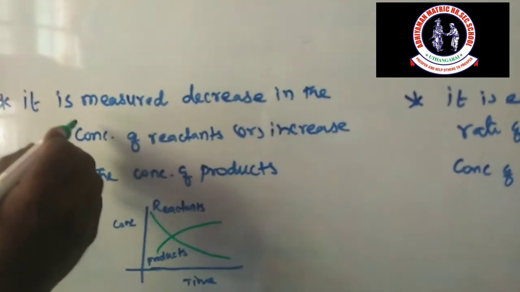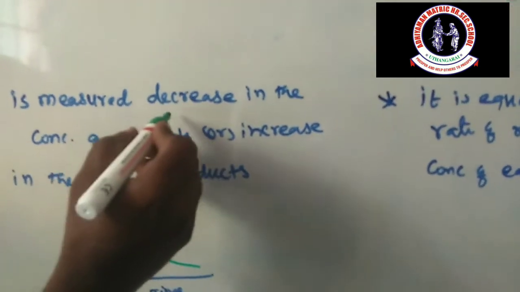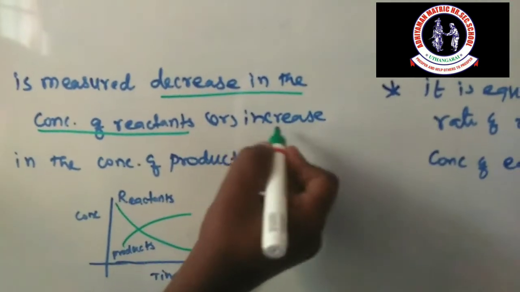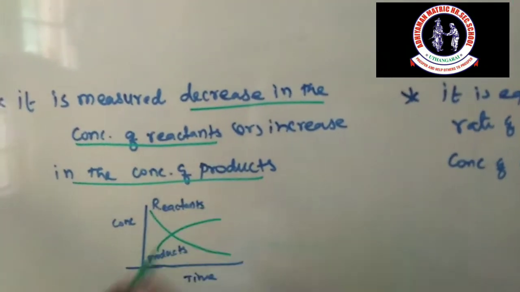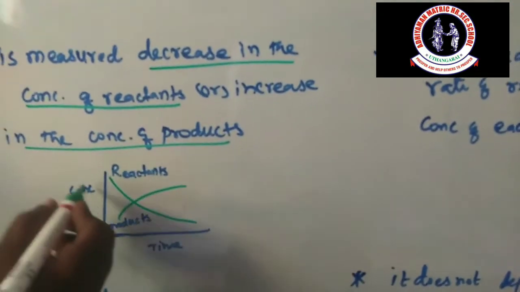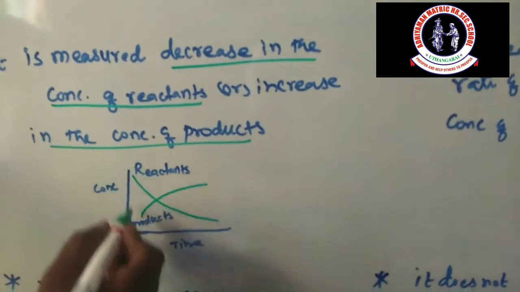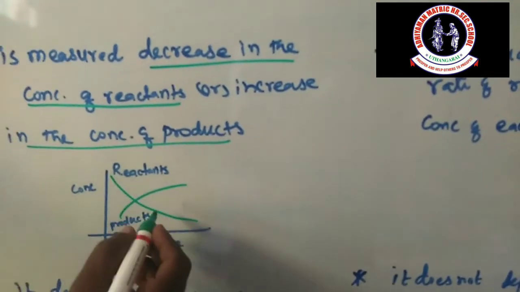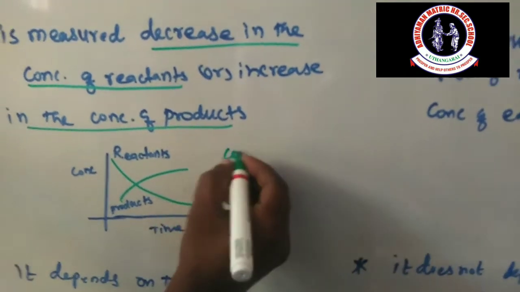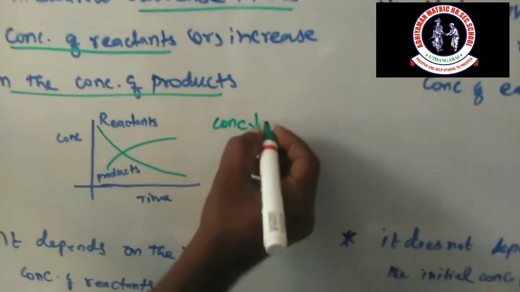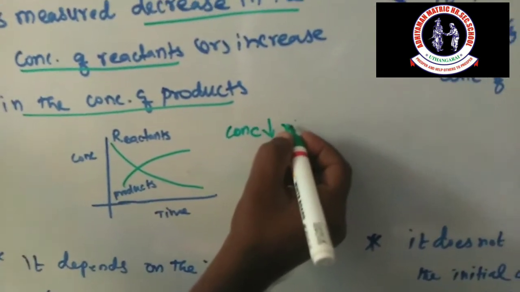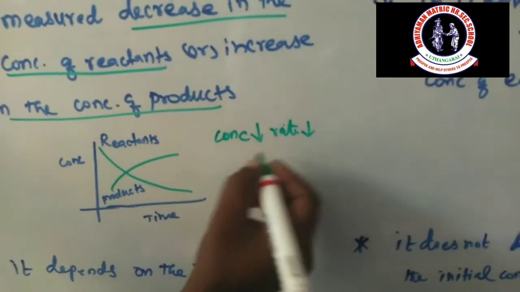Next, rate of reaction. Rate of reaction is measured by the decrease in the concentration of the reactant or the increase in the concentration of the product. It is simply denoted by this graph. The concentration of the reactant decreases with time, and as concentration decreases, the rate of the reaction also decreases.